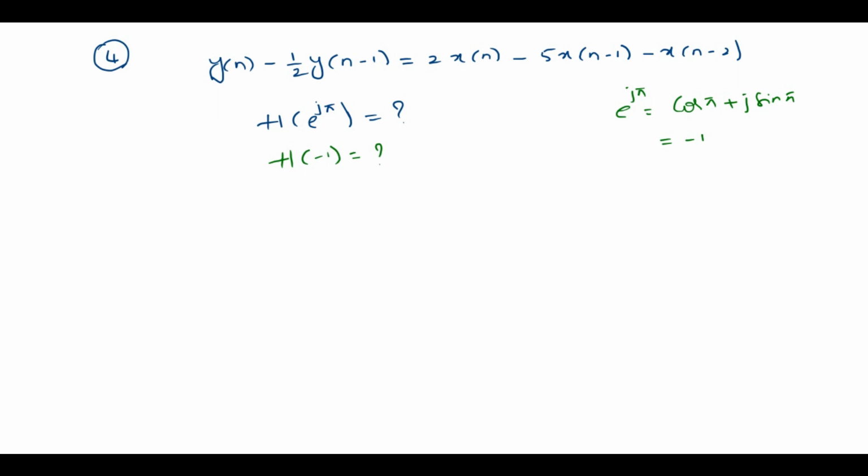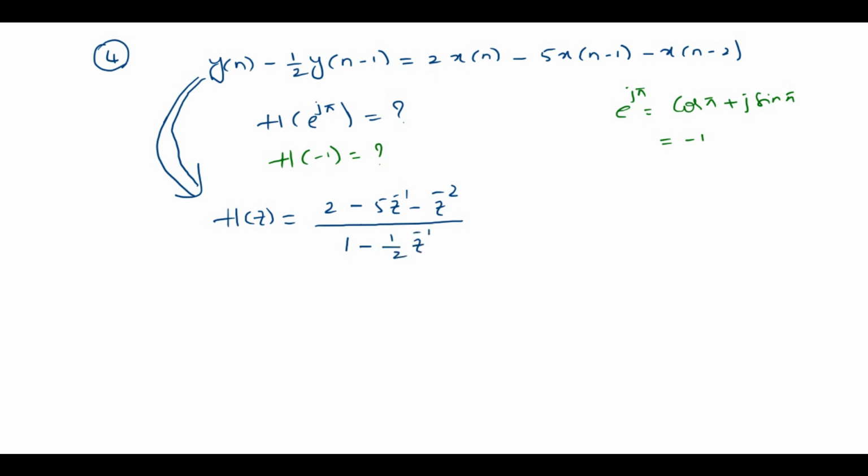For that, the key is, in the given CCDE, find the system function or the transfer function h of z. I'm directly writing the system function h of z is 2 minus 5z inverse minus z power minus 2 divided by 1 minus 1 by 2 z inverse. Okay, so we need h of minus 1.